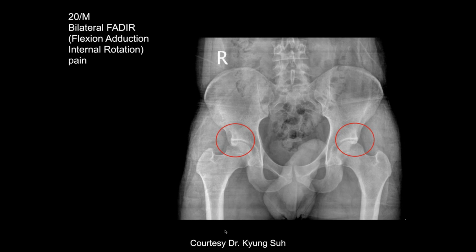So you're not really getting a true view of the pelvis. You should see the lesser trochanters better than what you see them.